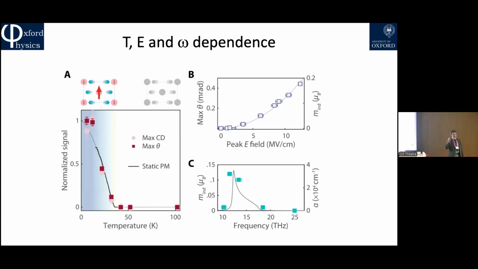The effect is maximum when you are in resonance with the 13.2 phonon that you're pumping. So these things all represent sanity checks that indeed you are doing what you think you're doing. One observation is that the Faraday rotation is very large with respect to what you can get with static piezomagnetism, which is quite interesting.